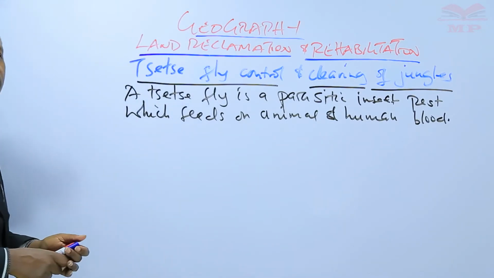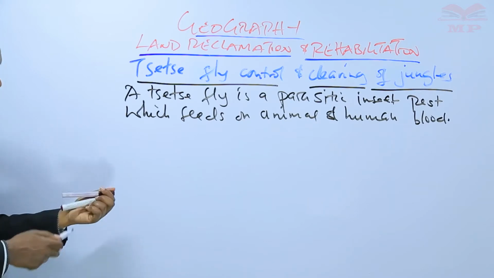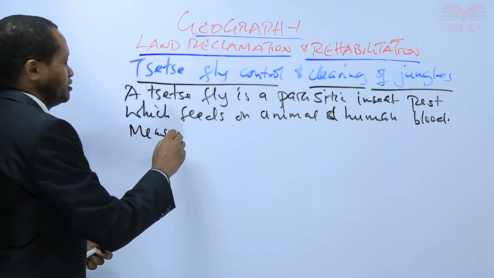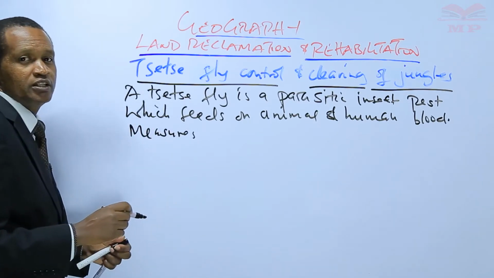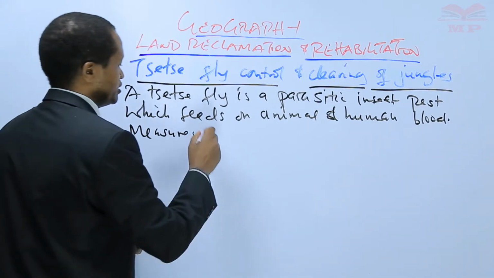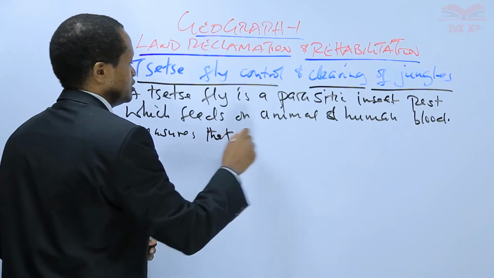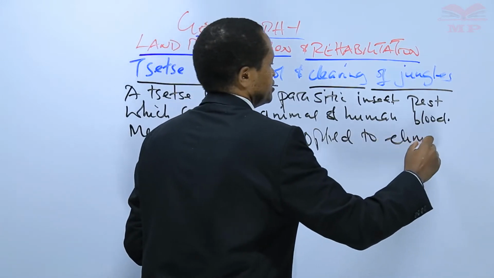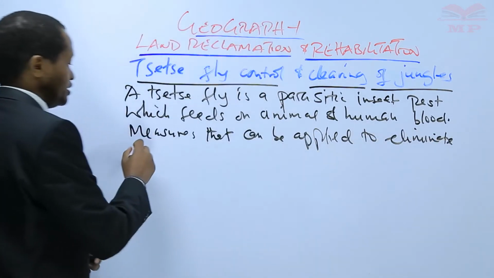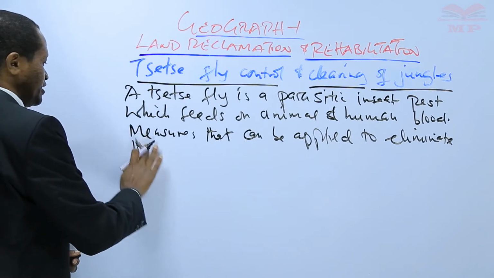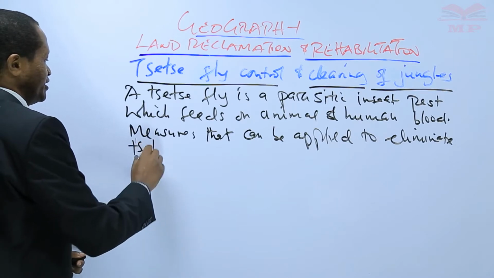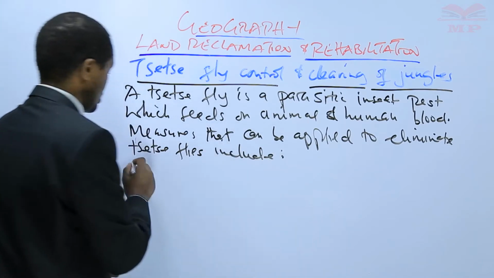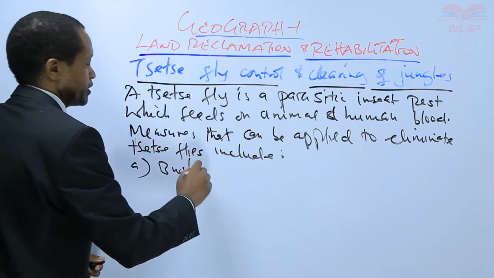So some of the measures that can be applied to eliminate tsetse flies include: one, bush clearing.